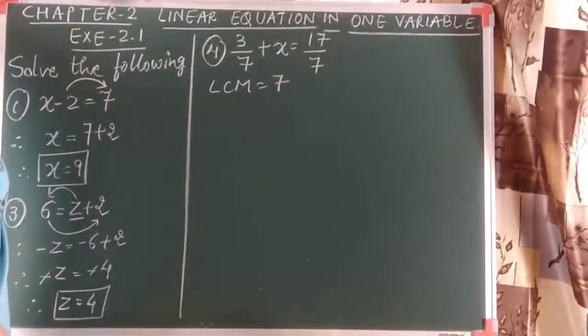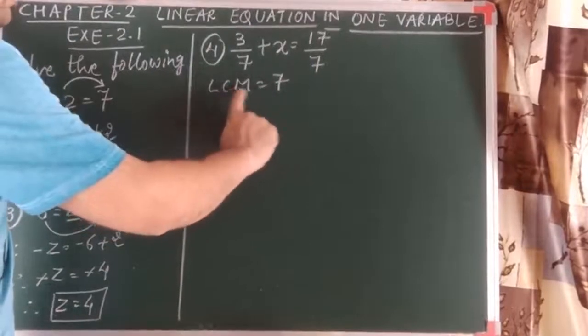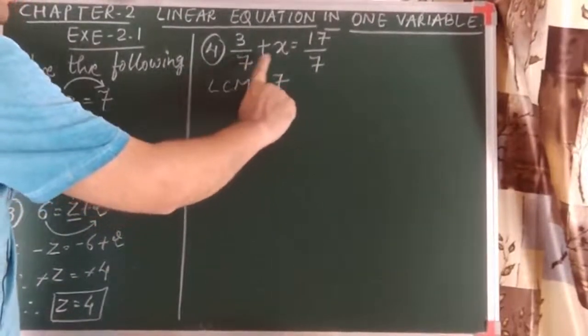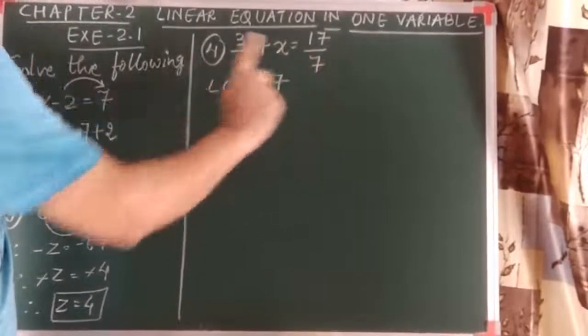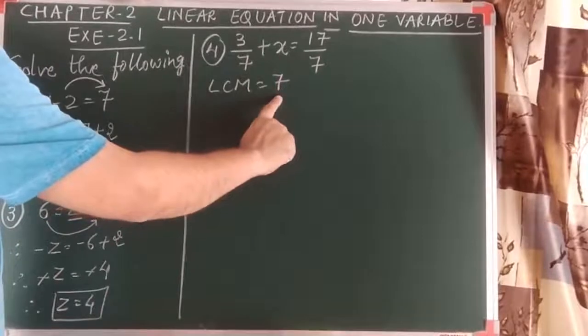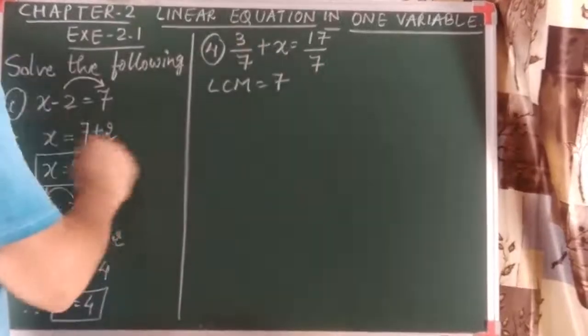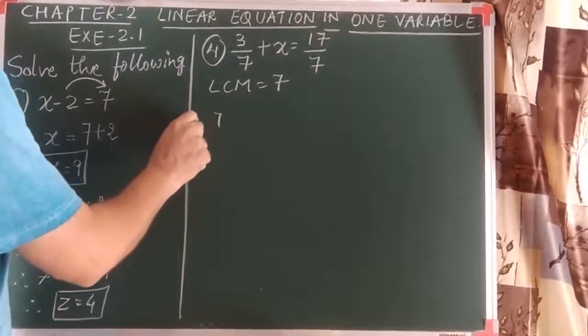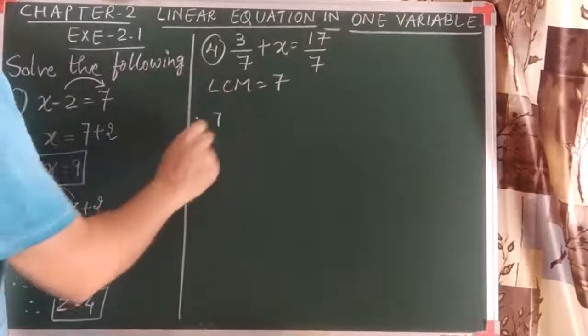Whenever we have the LCM, this LCM should be multiplied with all the terms of this equation. That is 7. Here we always write therefore because we have already written equals.